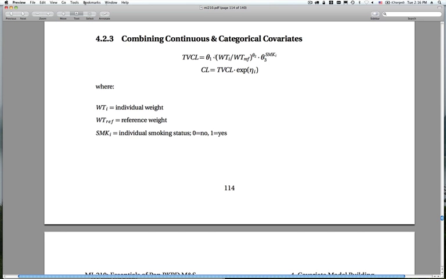Again, theta 1 happens to be the typical value of clearance for an individual with the reference weight and the reference smoking status, or smoking status of 0. And so it makes that interpretation easy. It also constrains the model to be positive. Theta 2 and theta 3 can be estimated while still maintaining a positive clearance. Theta 3, of course, is going to have to be constrained at a bound of 0, as well as theta 1. And so it gives us some nice flexibility.